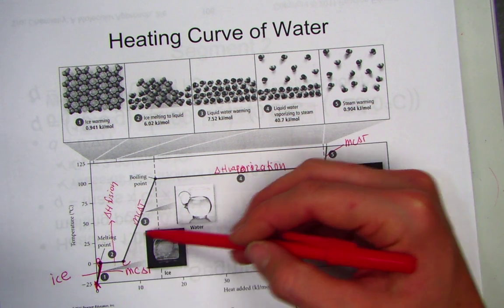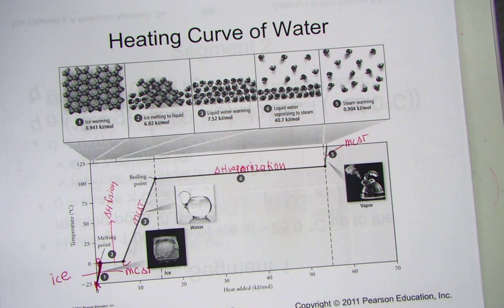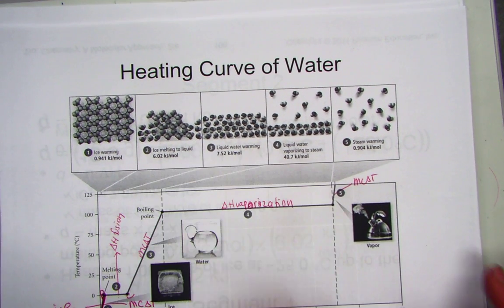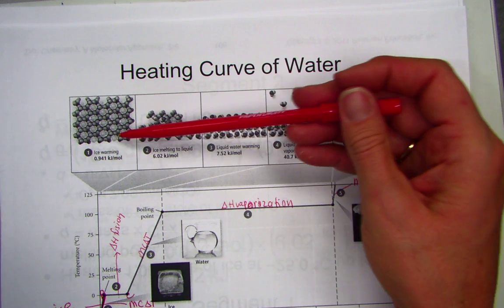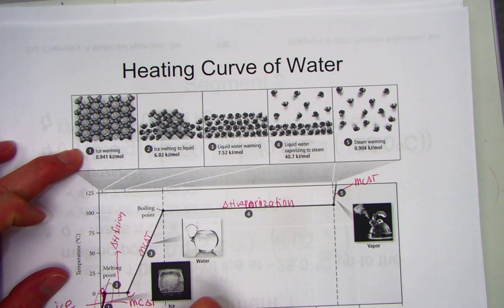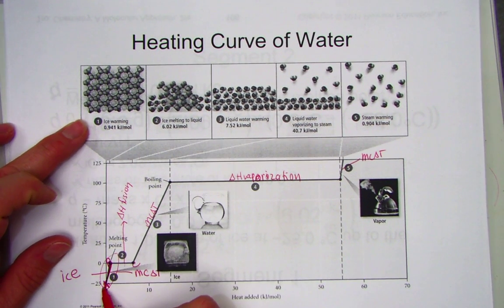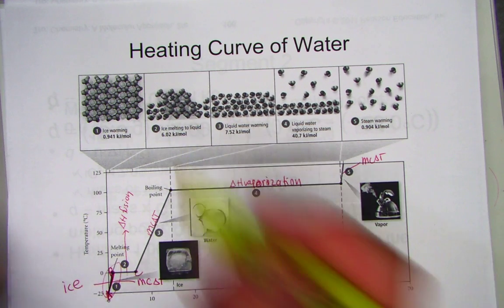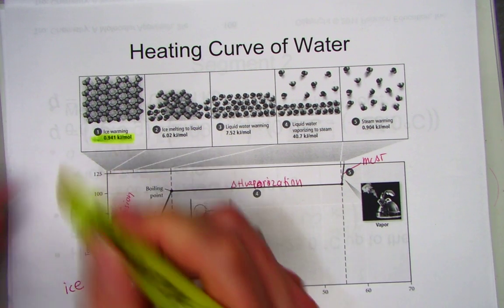So 5 different line segments, and each one of them is calculated just a little differently. Looking at closer values on the heating curve of water: line segment 1, when ice is warming, takes 0.941 kilojoules of heat energy for every mole.